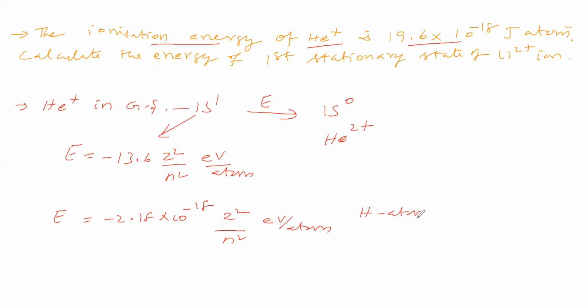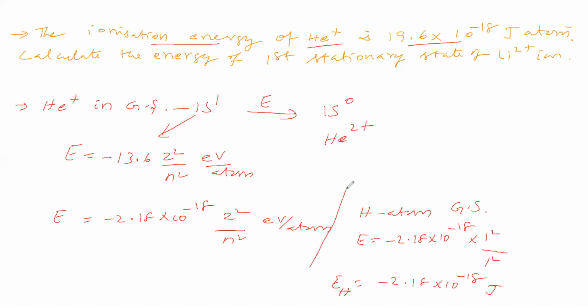For hydrogen, Z is equal to 1, and in the ground state N is equal to 1. Therefore this is equal to minus 2.18 into 10 to the power of minus 18 joule. So this is the energy of hydrogen.